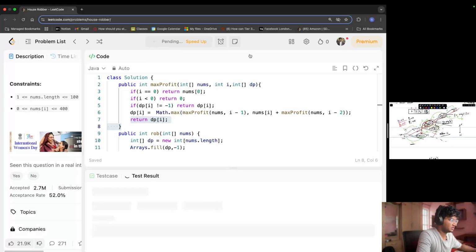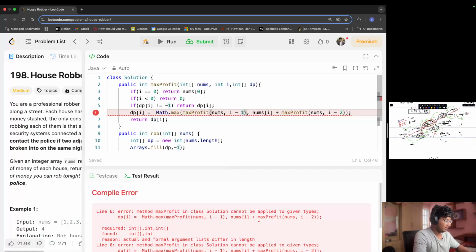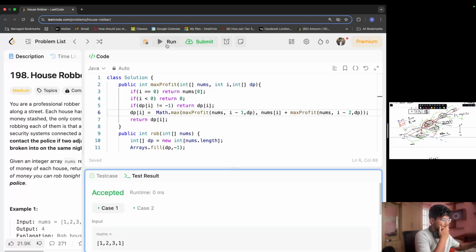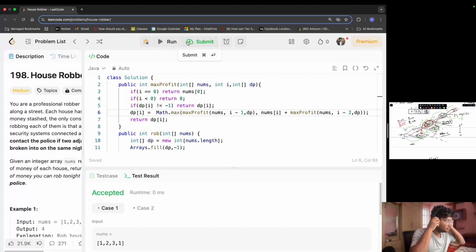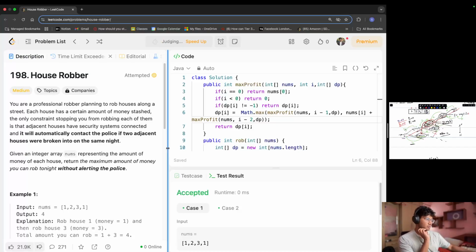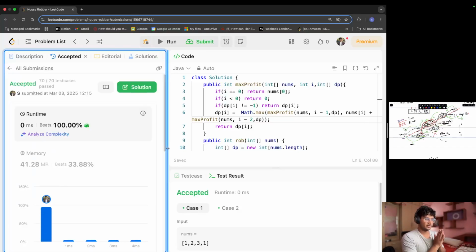Okay, I think I'm making a mistake. I need to pass dp here as well. I'm going to submit it. Now it should go through. Perfect.